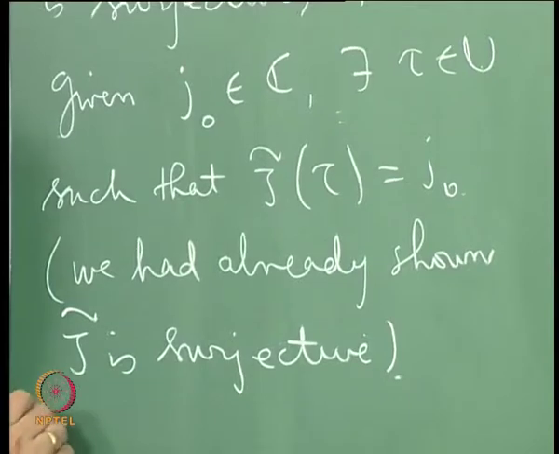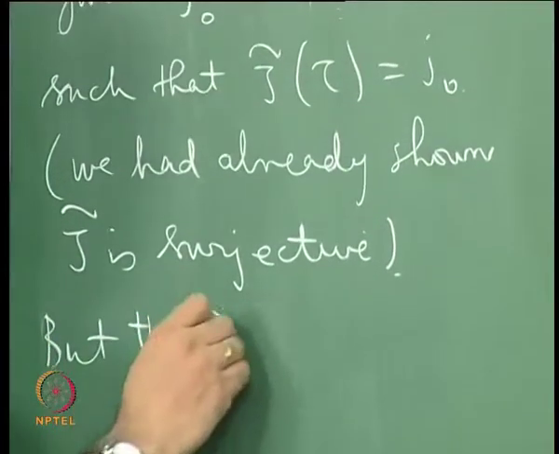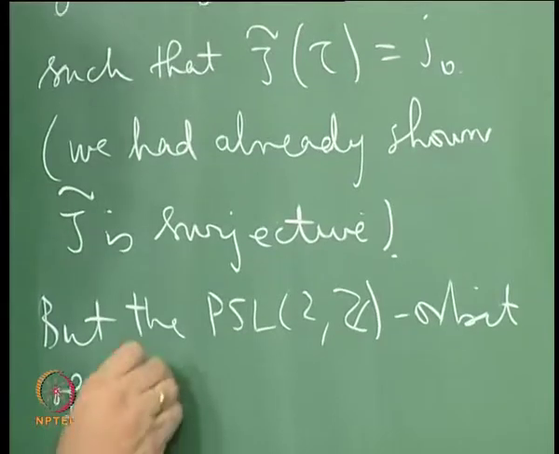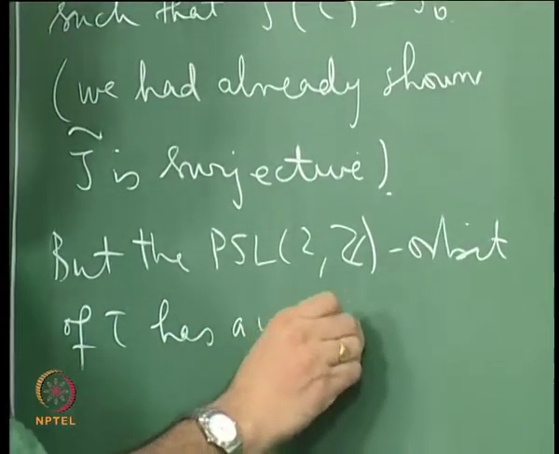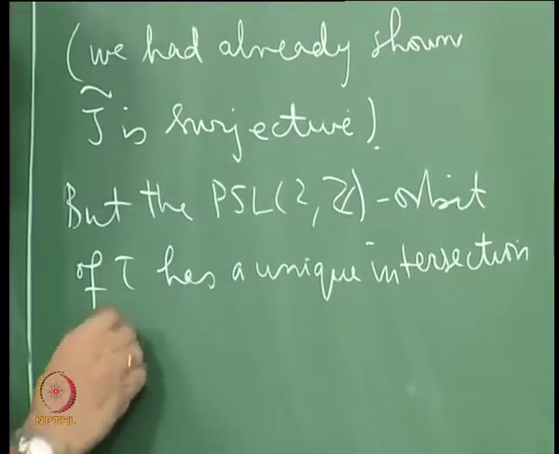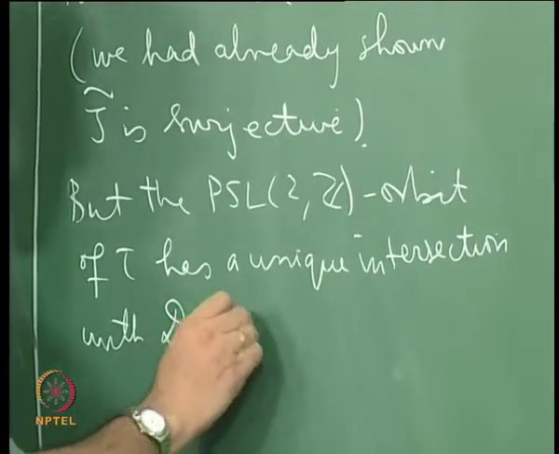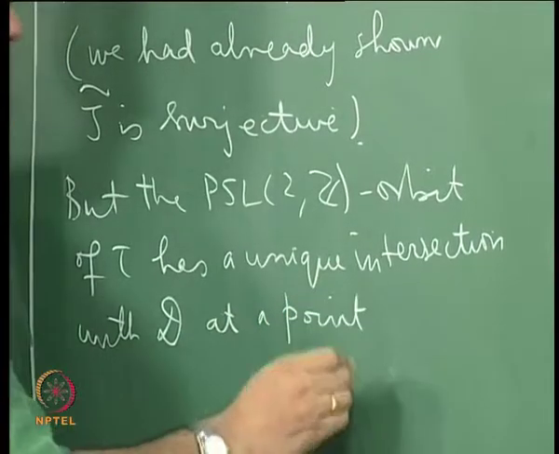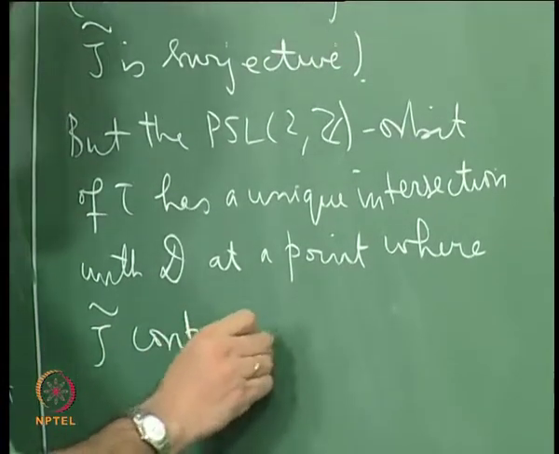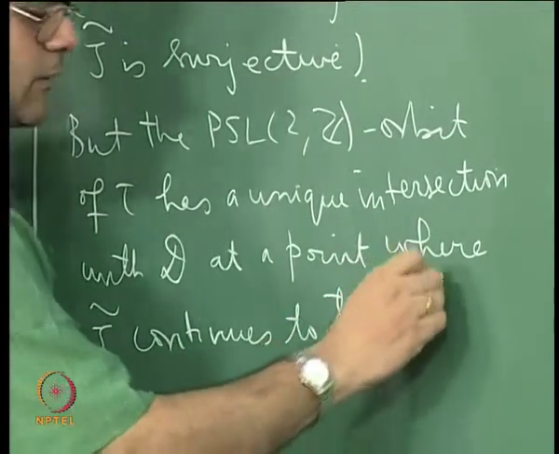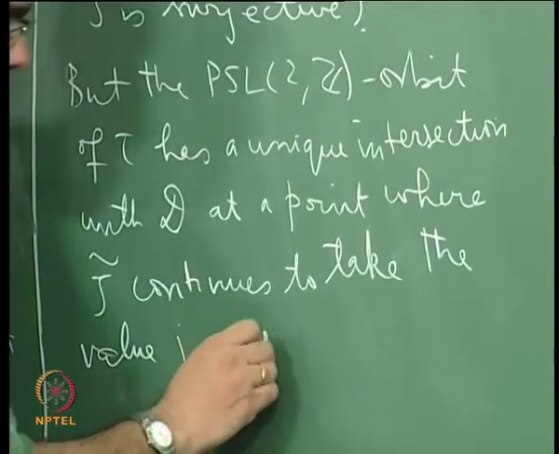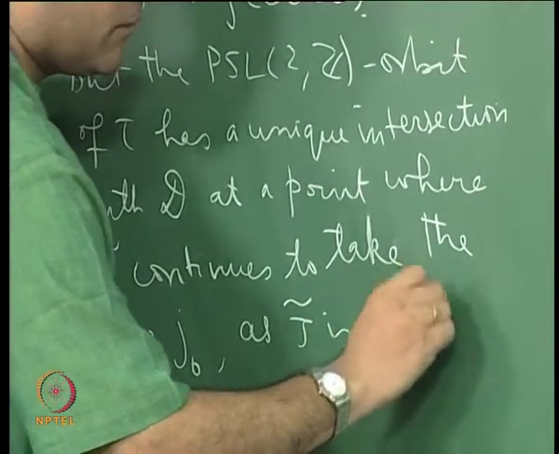But the PSL2Z orbit of tau has a unique intersection with D at a point where J tilde continues to take the value J naught, as J tilde is PSL2Z invariant.